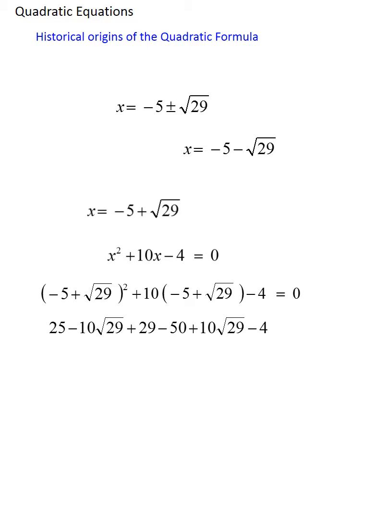And it's not the point of this video other than to say that when I worked out all this algebra, I did in fact get 0. Again, this isn't what you would necessarily do in a math class, but this slide shows you what would happen if we actually plug this in. It really is a root to this equation, as is the other one that I did not plug in.